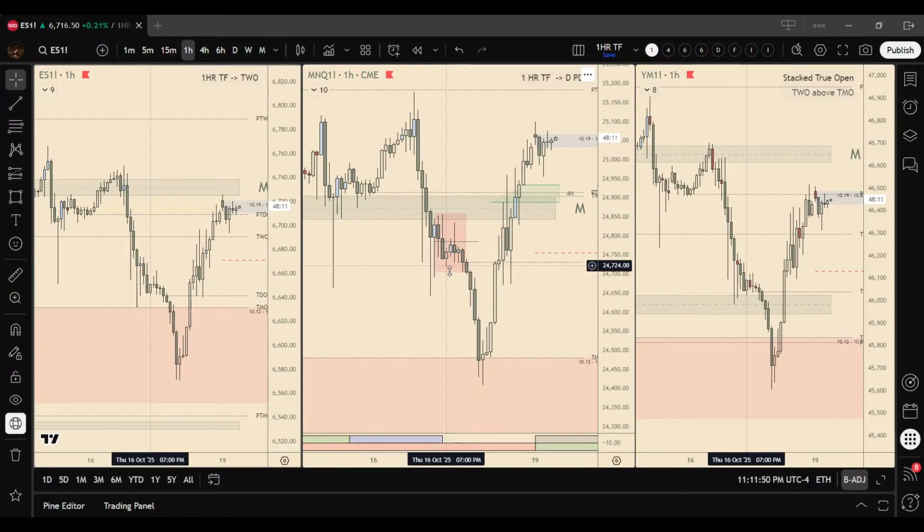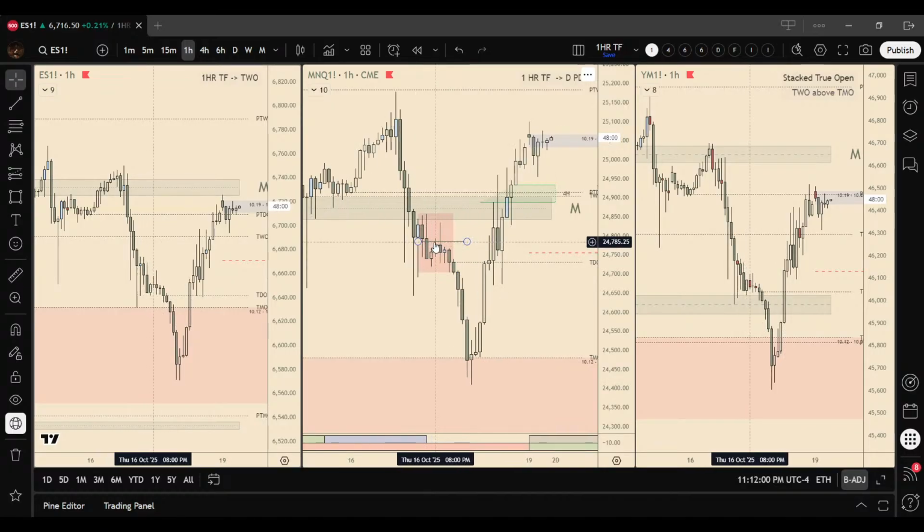Why would you not be looking for buys below? Because this is indicating continuation in price, not a reversal. What else do we have? We have other precision candles being printed inside. Price continues lower.